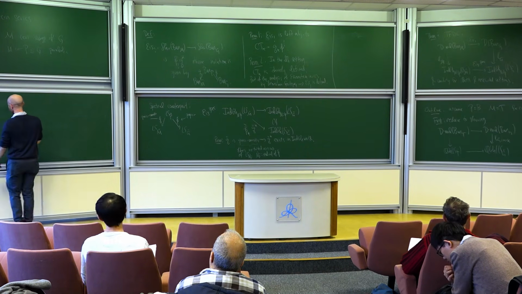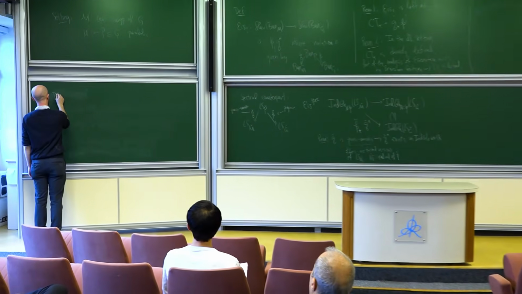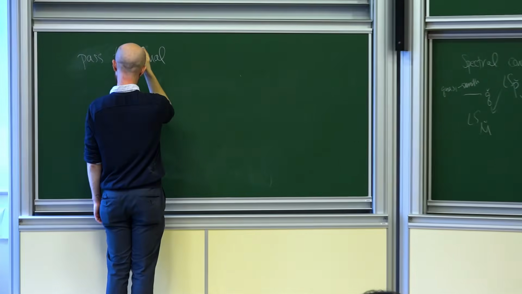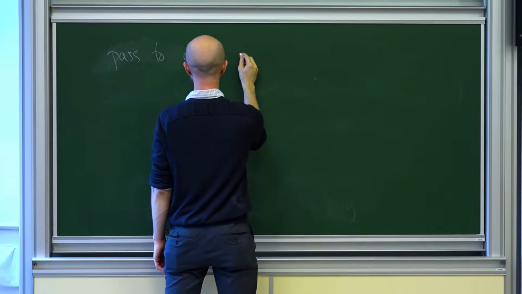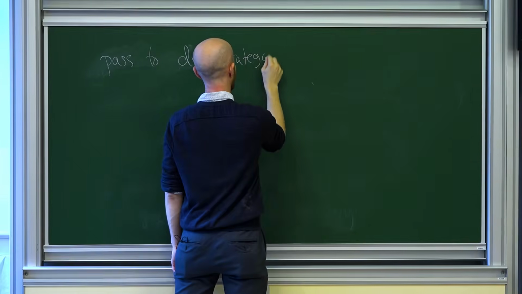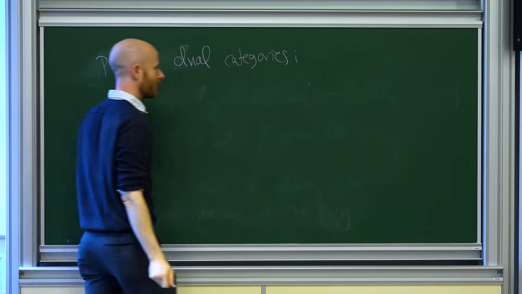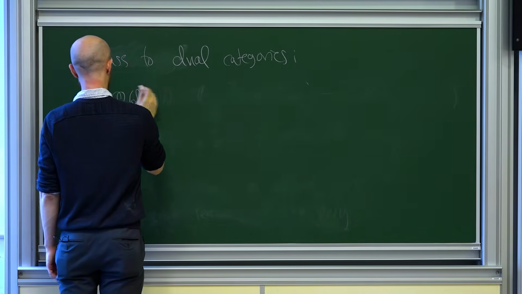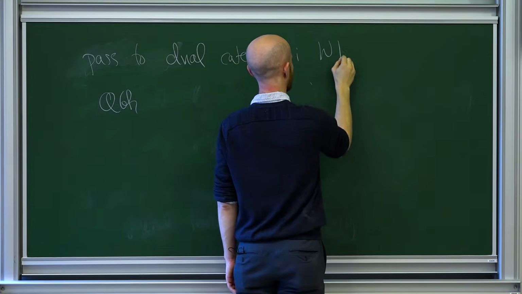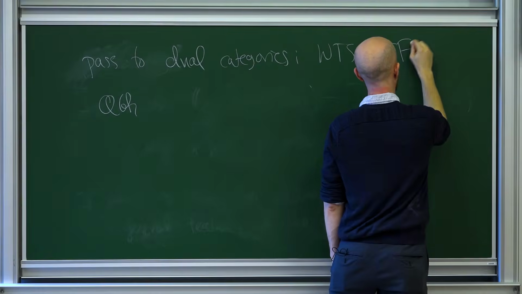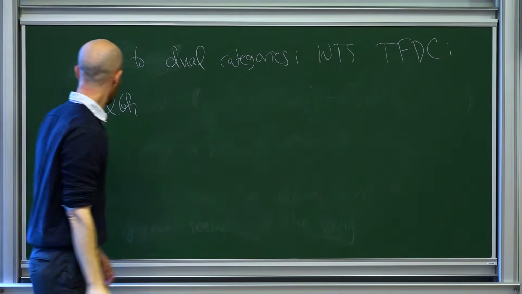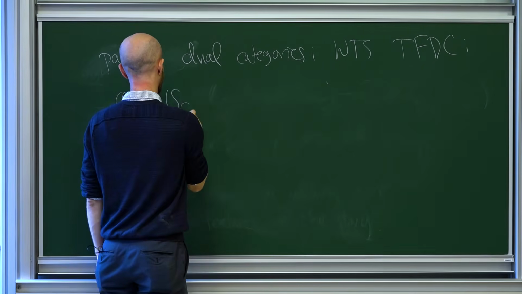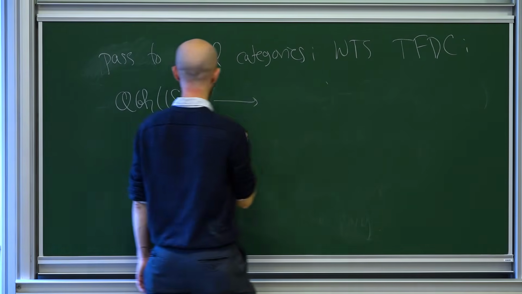So, okay, you pass to what's called the dual categories, and then you have to maybe have a little bit more input, but let me just ask you to believe me the plausible assertion that what you're reduced to showing is that the following diagram commutes.